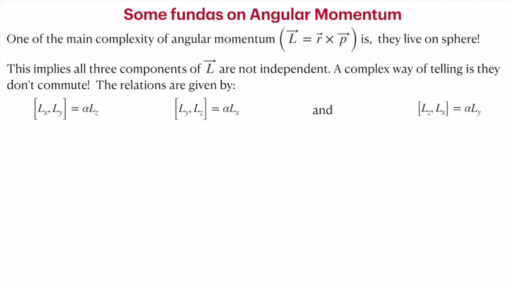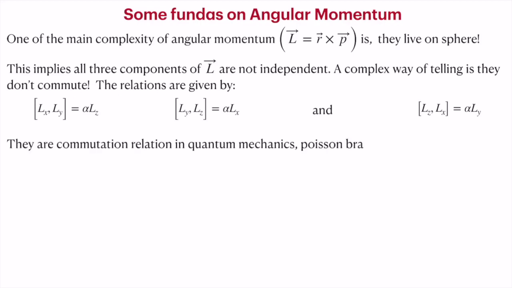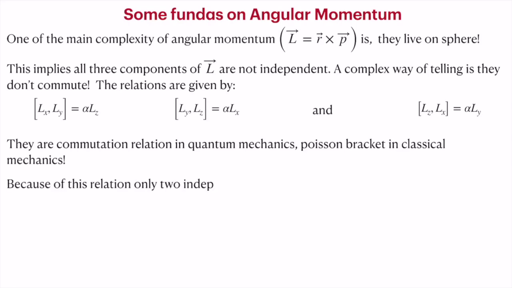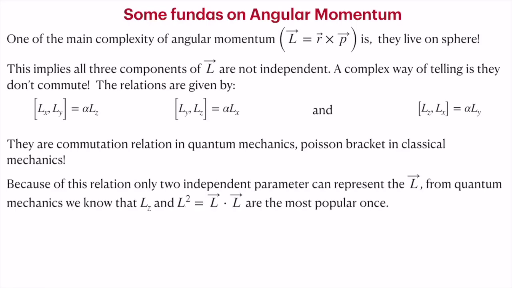The main idea here is that angular momentum, being a vector, requires three components. However, since it is living on the r equals constant surface of the sphere, any two scalars in terms of r, theta and phi should be sufficient to describe completely the angular momentum. However, if you have a vector, there will be three components, and these components are related with this commutation relation. This makes it a little more complicated, if you want to choose independent components of angular momentum.